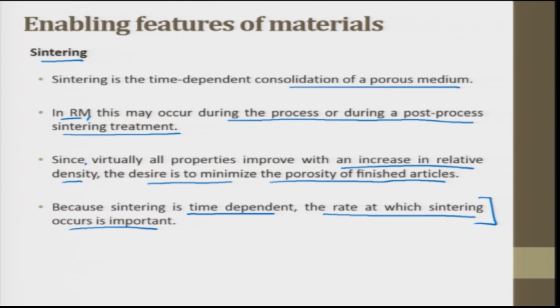So, in any of these cases, metals, ceramics or polymers, it is generally desired to produce final products as quickly as possible, whether the process step is direct rapid manufacturing or a pre-process or a post-process. So, time and sintering parameters are to be defined. There are certain ways the sintering happens.